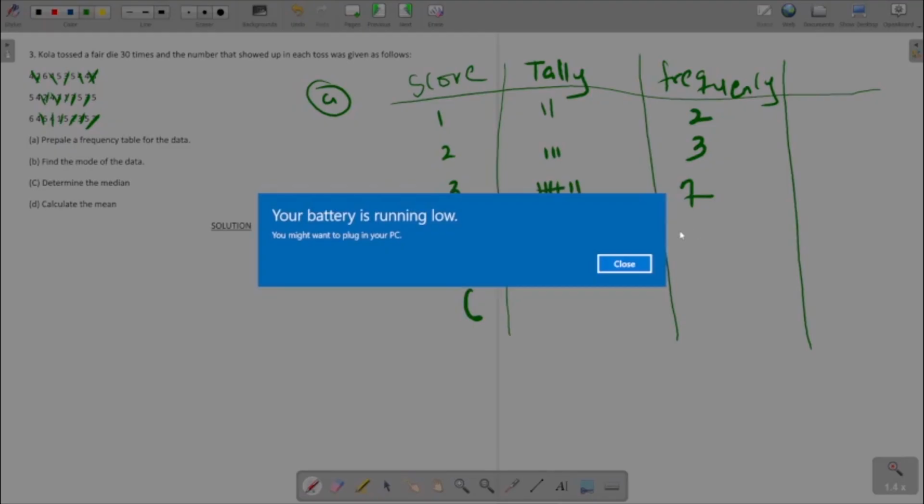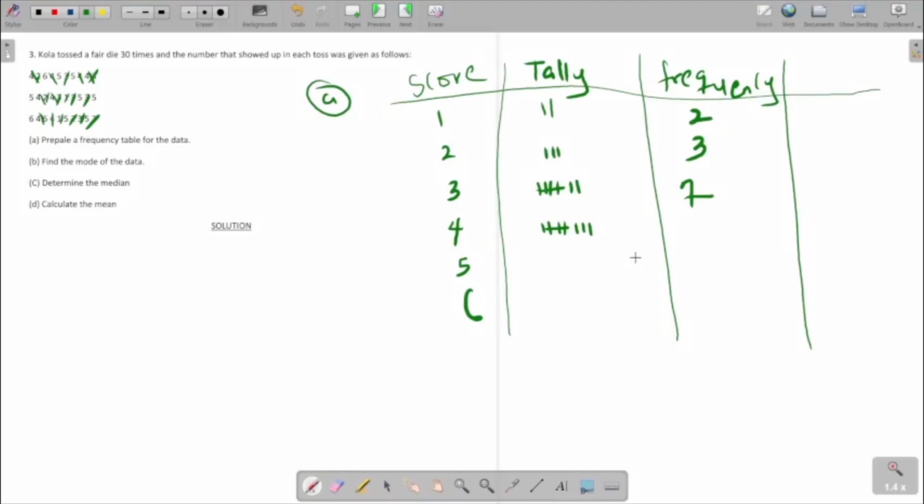So you have it showed up 8 times. So you have 5 showing up how many times? 1 2 3 4 5, 6.